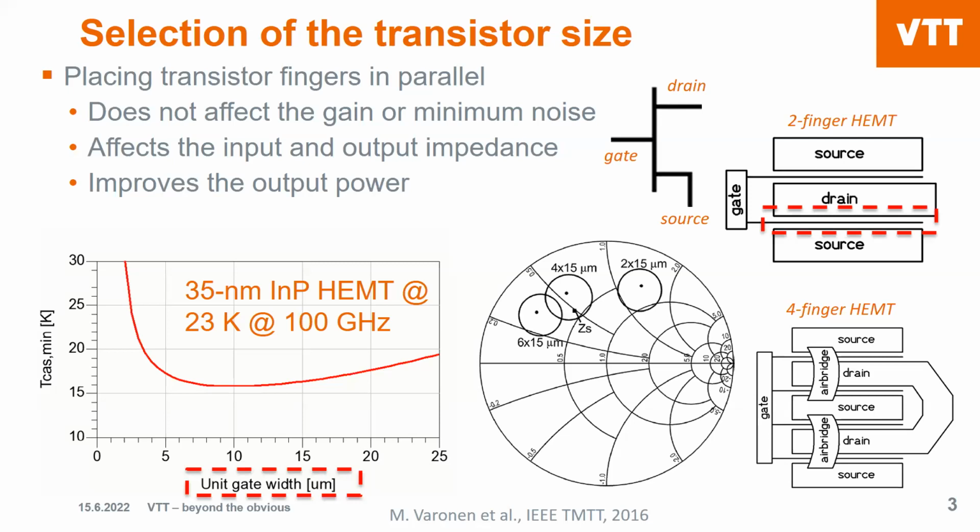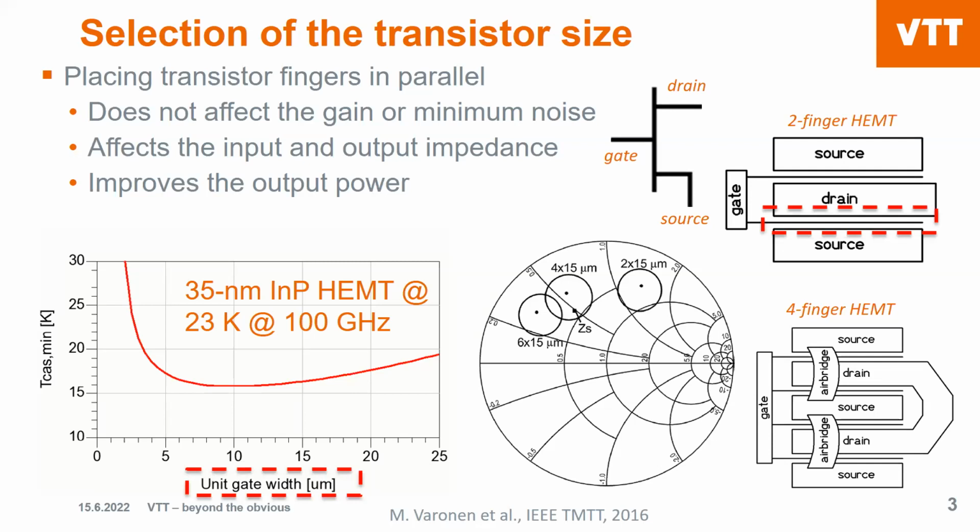Typically the length is defined by the technology. So if people talk about 35 nanometer technology, the length is fixed. That's the length of the channel. What we can typically change is the width. So it's the length of the finger, or the width, and it's the red circled area.